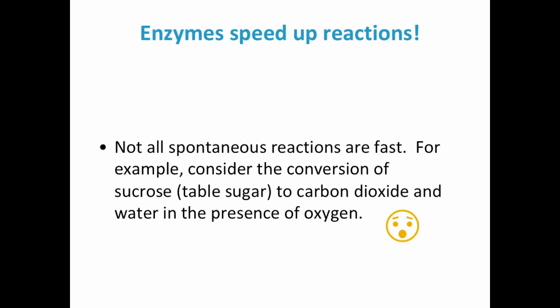Well, the reason is that although the chemical process is thermodynamically favorable, it is very slow. Yet when sucrose is consumed by a human, or almost any other organism, it releases its chemical energy in seconds, and the difference is catalysis. So without catalysis, chemical reactions such as sucrose oxidation could not occur on a useful timescale, and thus could not sustain life.